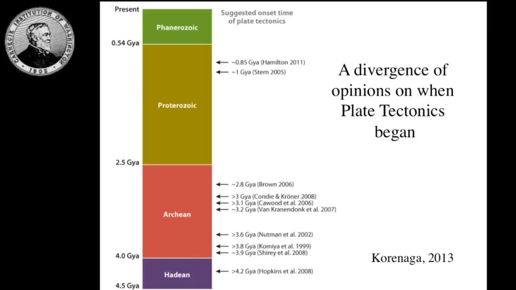So Hopkins et al., and then those are the two troublemakers up here. Most people, there's Steve, I think you'd probably agree with that, up to 3.2 somewhere. I think this is an accurate representation of where most of the geoscientific community thinks plate tectonics began.